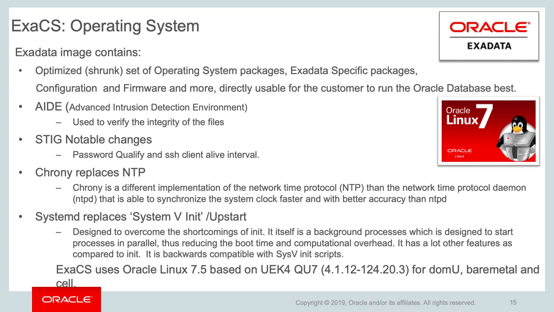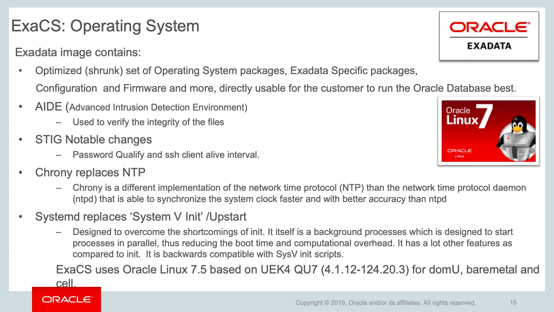We see that compliance has also been greatly enhanced starting with the 19.1 release, with notable changes like password quality and SSH client alive interval. In terms of password quality, it is enforced for new passwords, and when it comes to existing systems, they can be upgraded with no need to change passwords, and new restrictions will be in place only when someone tries to change the password.